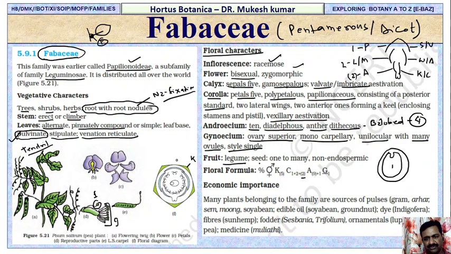Fruit will be legume, seed one or many, and they are dicot. This is non-endospermic, not an exception like the Solanaceae plants. This is your formula, and these are the economic importance. Total economic importance is there, but they have not given the scientific names also. But in your NEET examination, questions come from the scientific names.